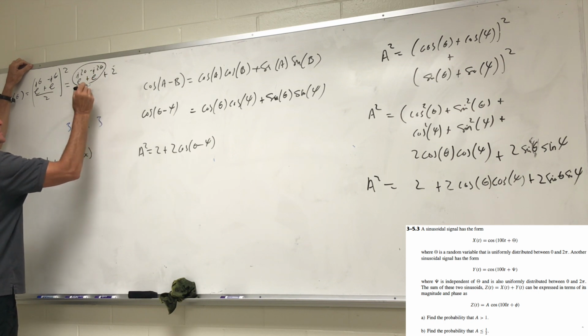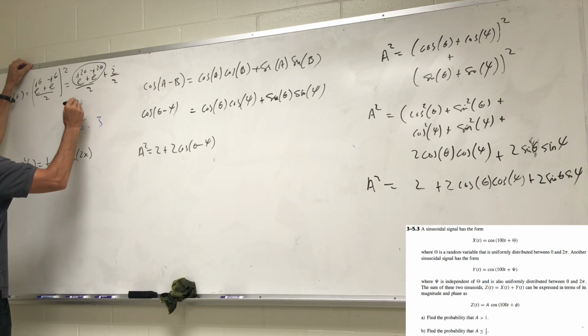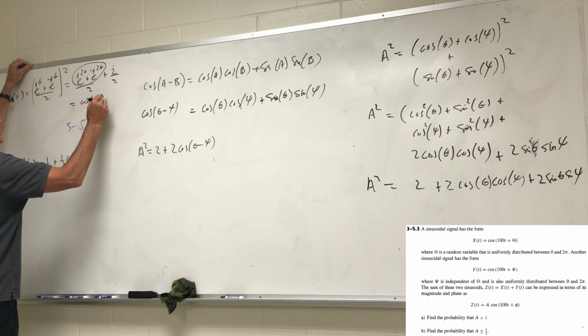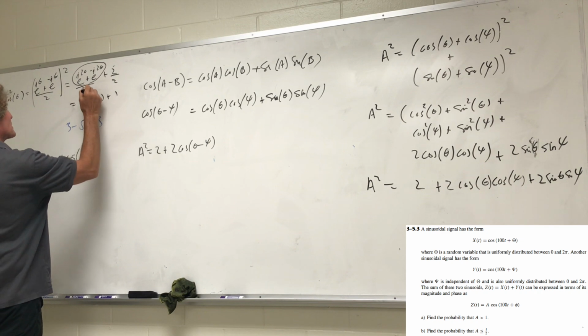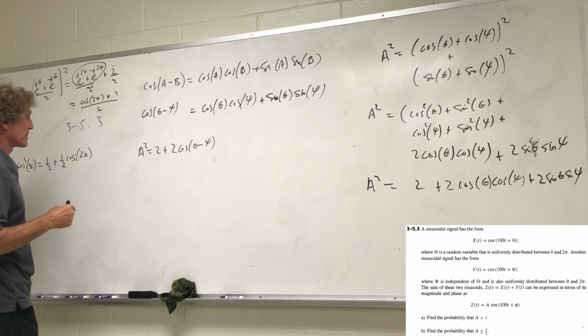I should just do this over 2 plus 2 over 2. Well, that is the cosine of what? Of 2 theta, right? Plus 1. Do y'all follow me on this? And then when you square it, this becomes 2 squared, so it's over 2 down here. Follow me?